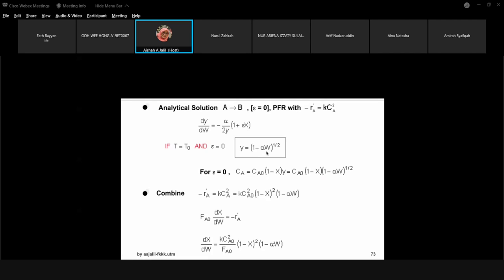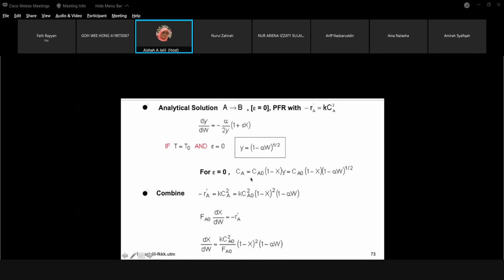So in your test or in your exam, you can just calculate for this one. At the time epsilon must be 0, and then the pressure drop is equal to this one. What is pressure drop, right? P over P naught. Okay, becomes like this.